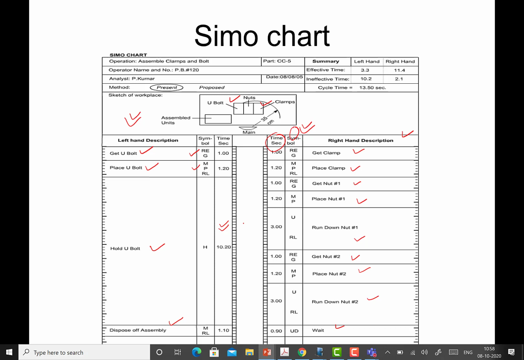So this is how the MMS based techniques can be used to record and then analyze the movements of the 2 hands in case of the SIMO chart.